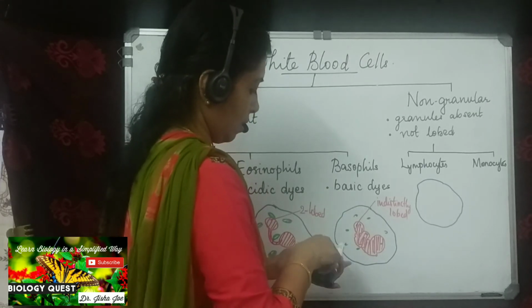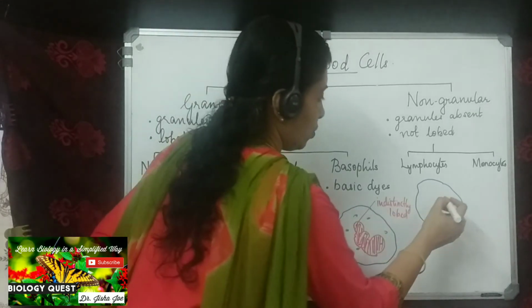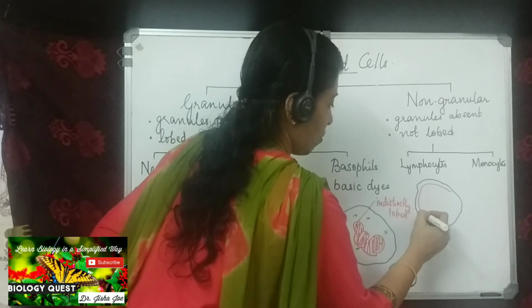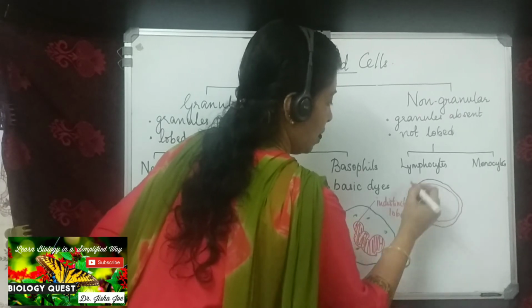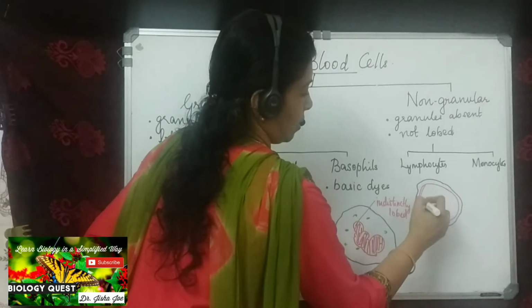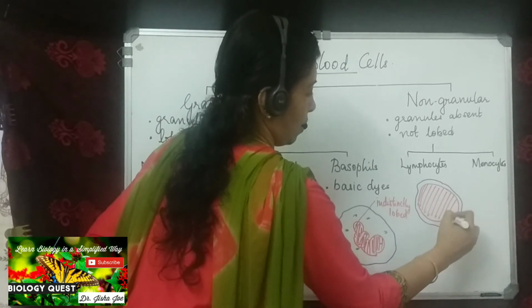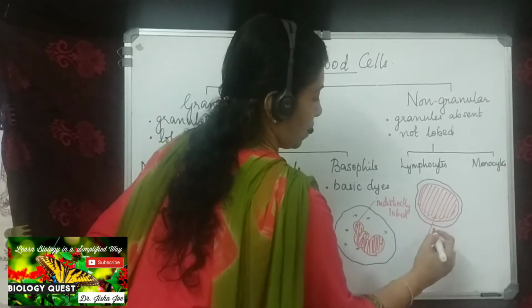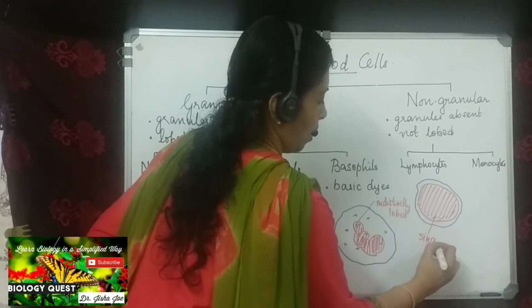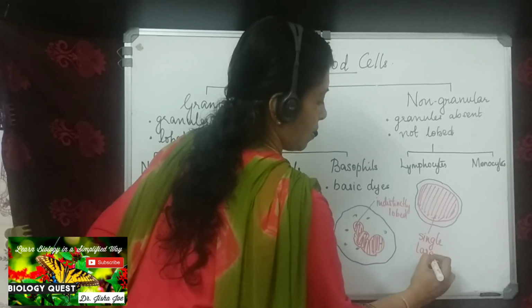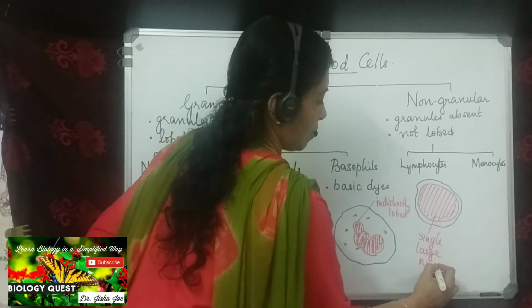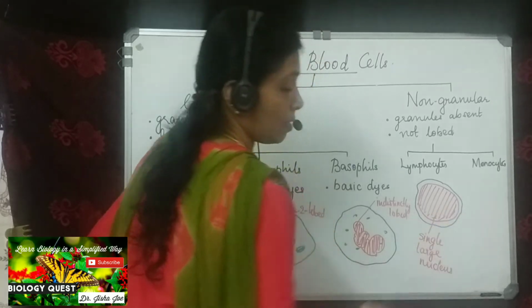The nucleus is a single large nucleus, occupying almost the entire space of the cell. That is the large nucleus which I have drawn in red. It is a single large nucleus.